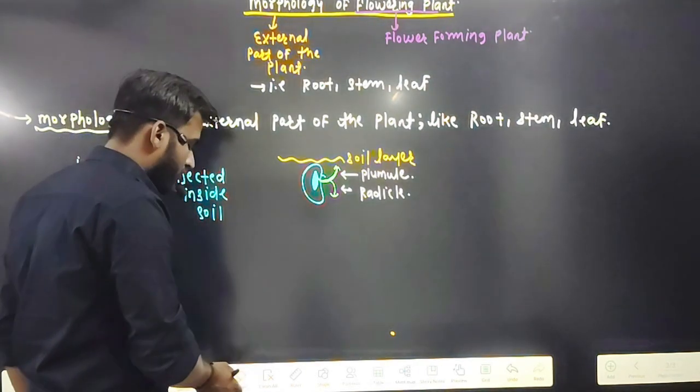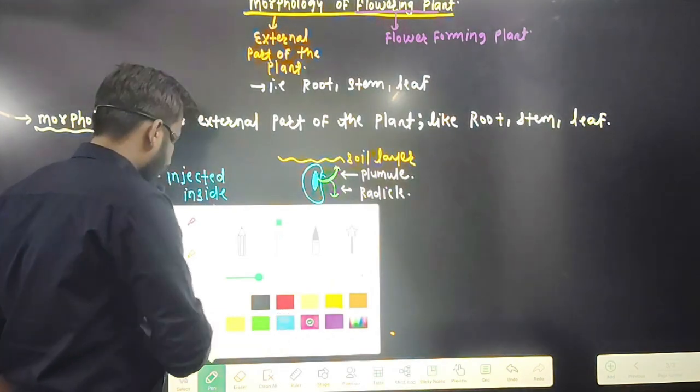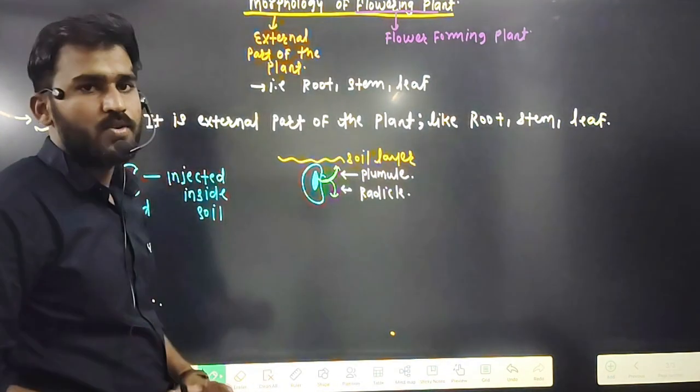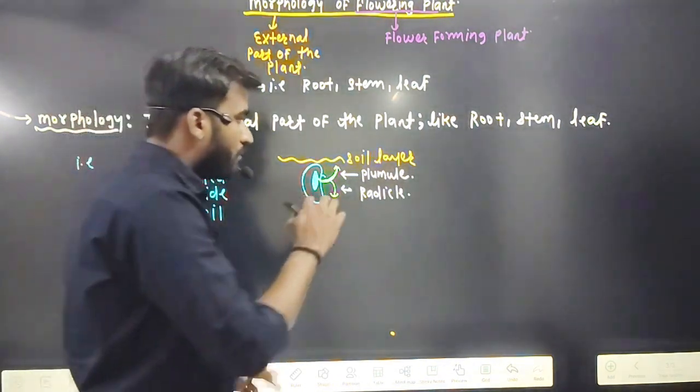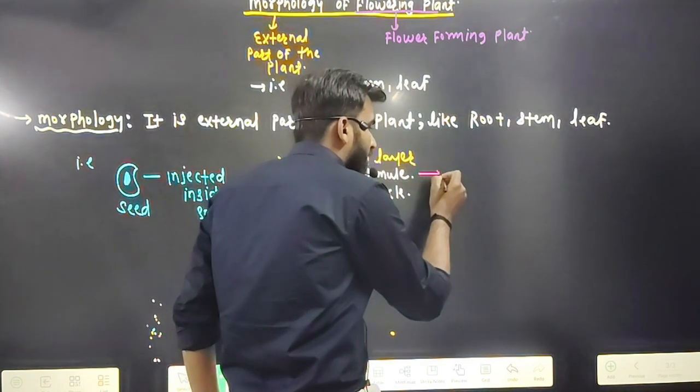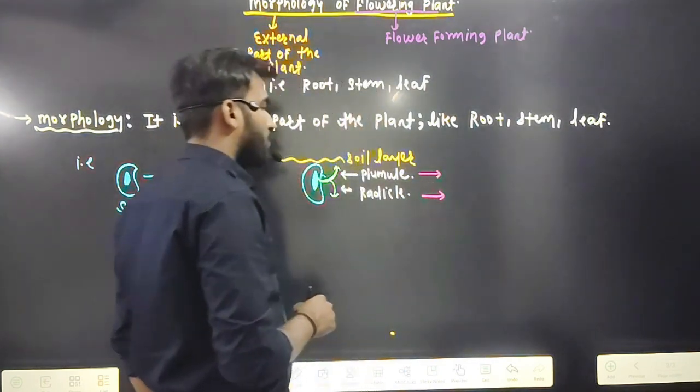Once it germinates, it forms two parts. One part is called the plumule, the second part is called the radicle. Understand? But what is the plumule? What is the radicle? It's the most important question.